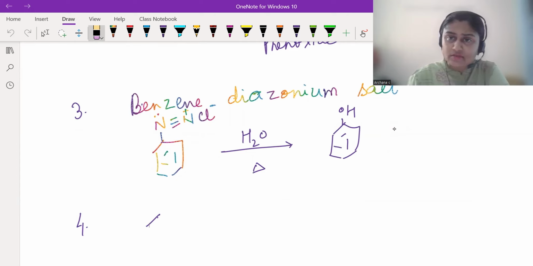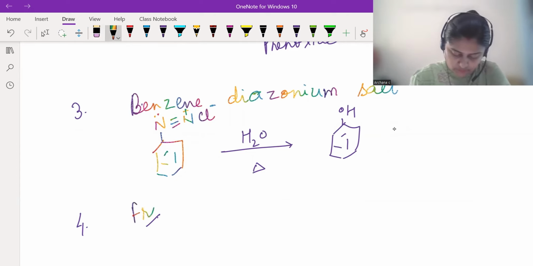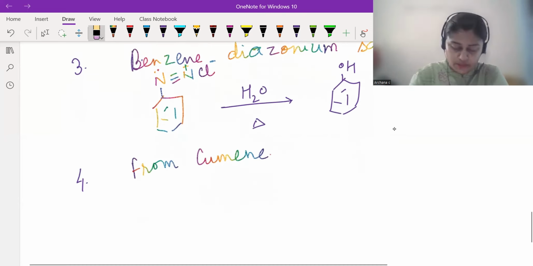So let's see this particular synthesis from cumene. From cumene, first cumene hydroperoxide is obtained, and then on treatment will give you two commercially or industrially important compounds, that is phenol as well as acetone, both of which are very much useful as a starting material for various products in industries. So let's begin.